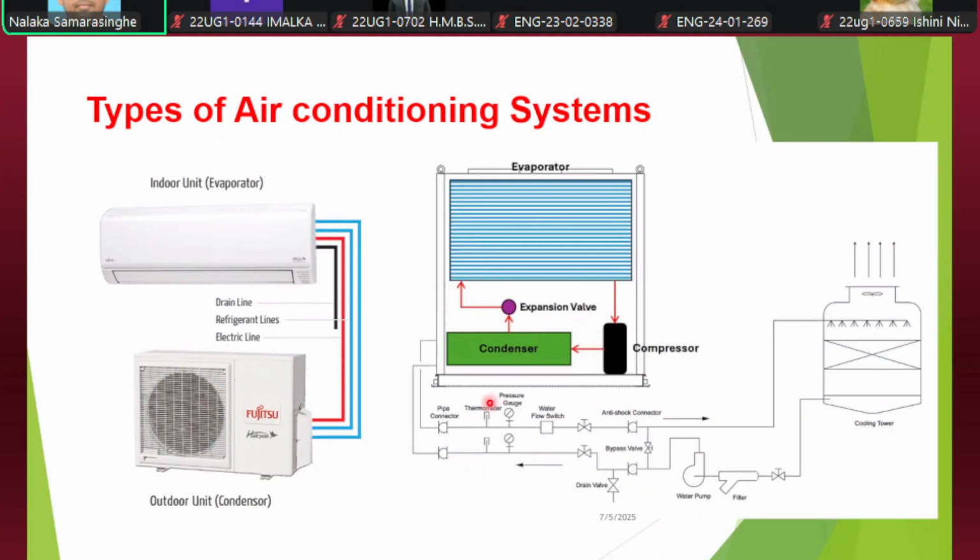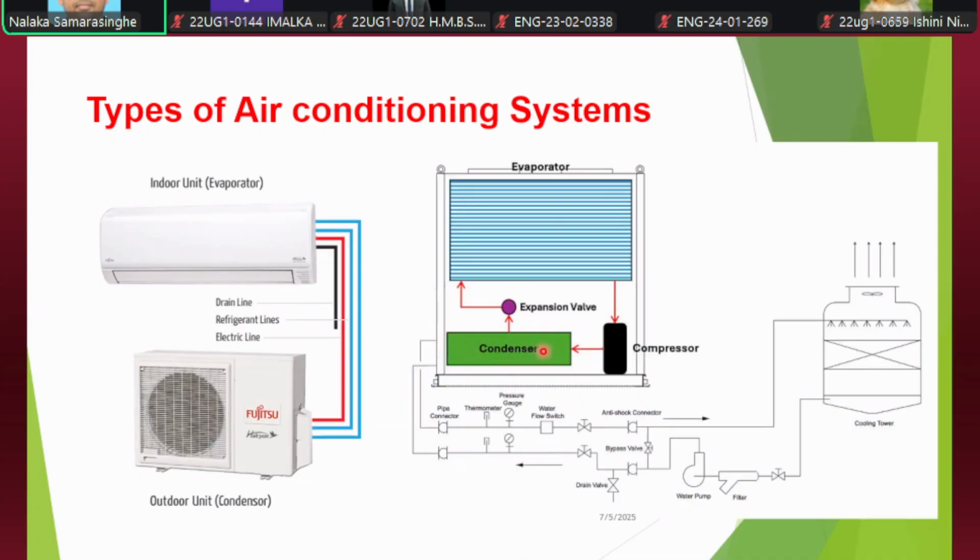And here, you can see the evaporator, expansion valve, condenser, compressor, all housed in one single system. Usually, this is kept inside the building, and only the refrigerant lines are coming out of this. Sorry, not the refrigerant lines, the water lines. The water lines will be coming from this.